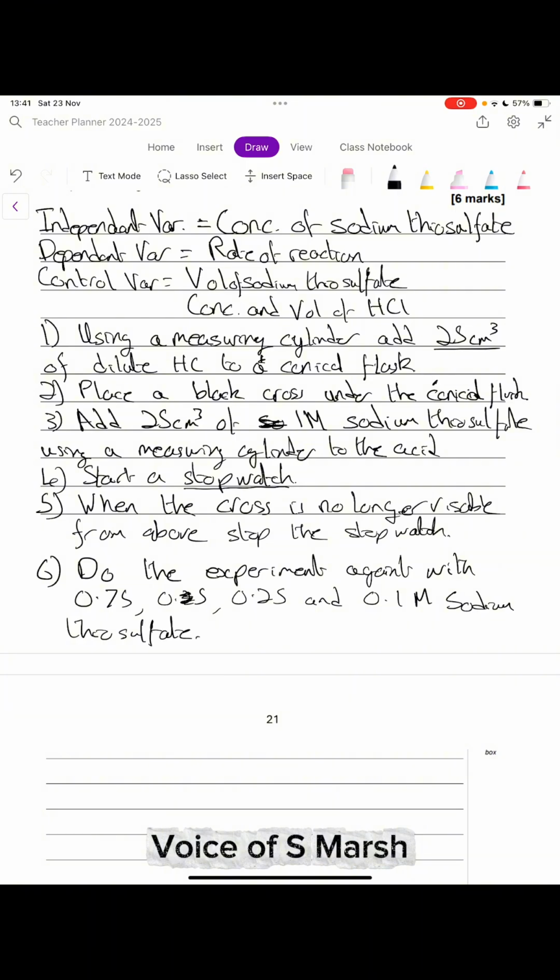Now you could just say, do the experiment again with 4 other concentrations of sodium thiosulphate.